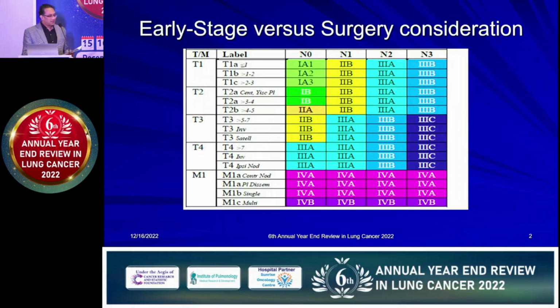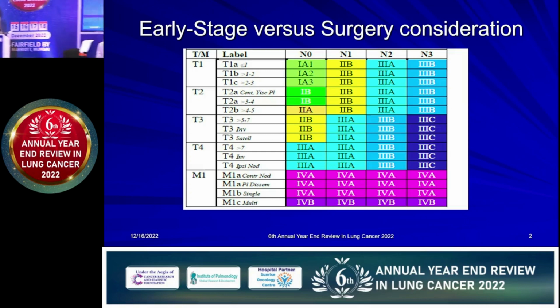Maybe I would first start with Devyani. What do we understand by early stage? Here most of it was around stage 1. How do we define early stage, Dr. Devyani? What is your understanding of early stage? I think the table that you put up is from the AJCC 8.